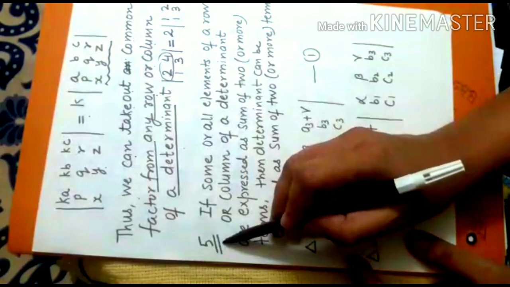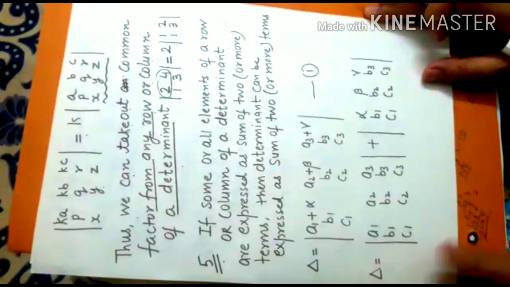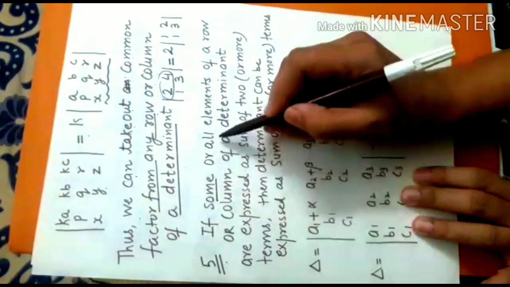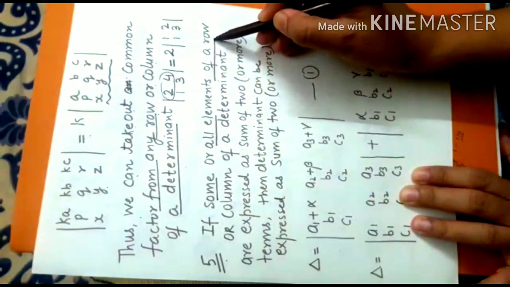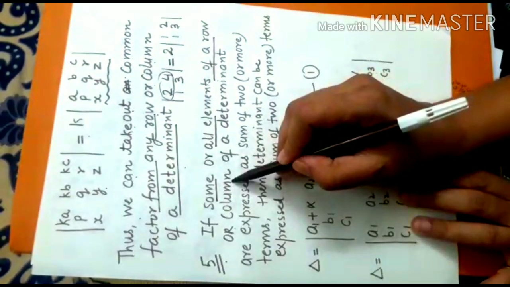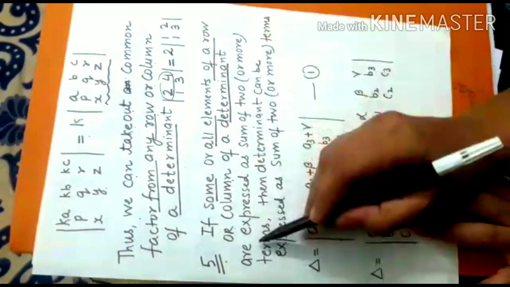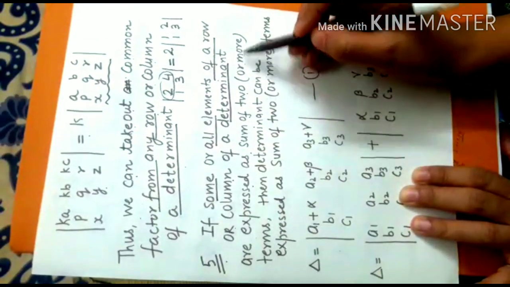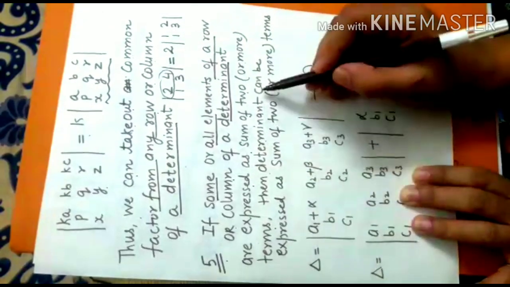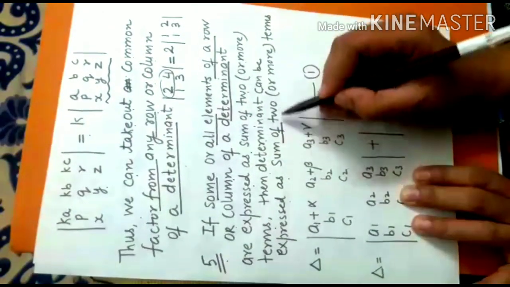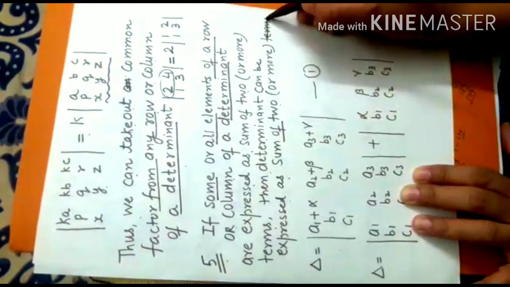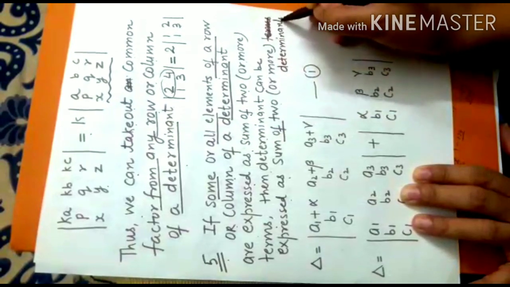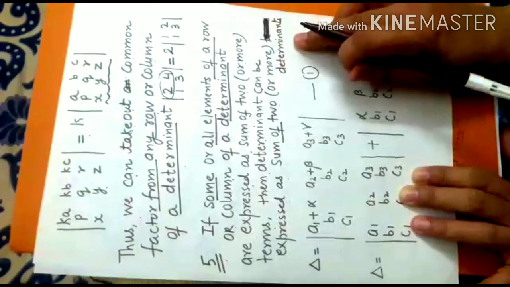Now we have the fifth property of the determinants, which says that if some or all elements of a row or column of a determinant are expressed as the sum of two or more terms, then the determinant can be expressed as the sum of two or more determinants.